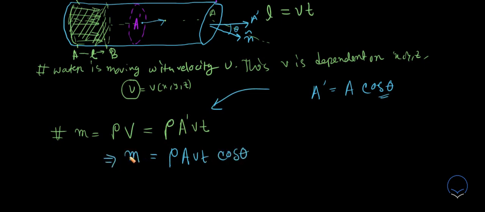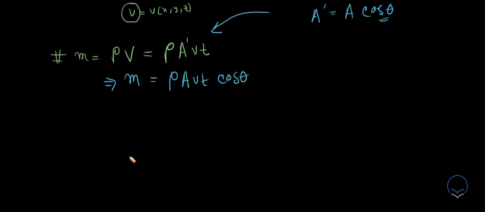But a useful quantity when we are considering a fluid flow is the mass per unit area per unit time. This is also known as the flux. So this will be just rho v and the cosine theta, right?